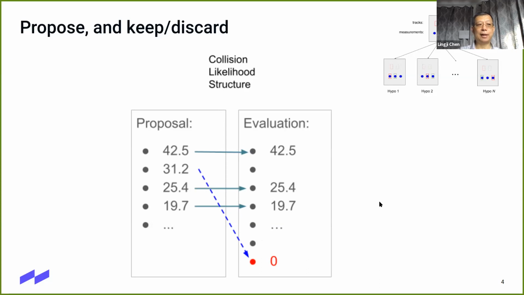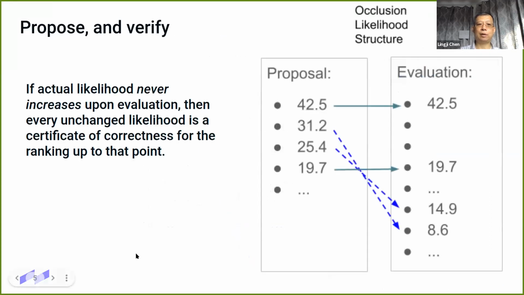Now we can extend this slightly. It doesn't have to be all or nothing. After we propose, if the actual likelihood structure guarantees that when you actually evaluate the likelihood, it never increases, it can stay the same or drop, then we are all set. We run Murty's algorithm, solve the assignment problem, get our proposed solutions, and examine them one by one.